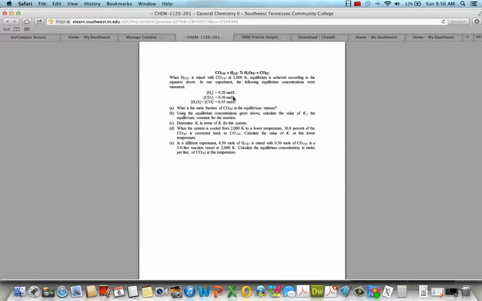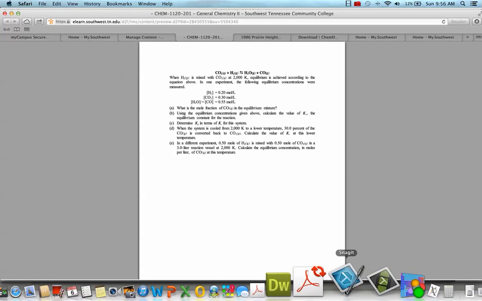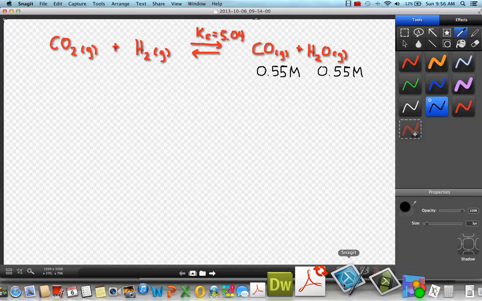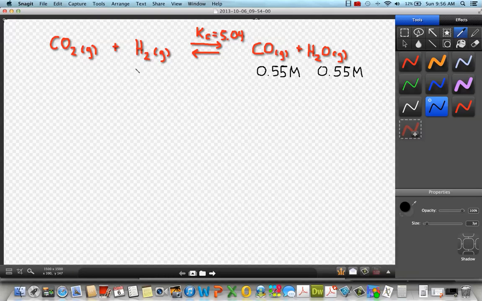And we had 0.2 molar of H2 and 0.3 molar of CO2. Those are our initial conditions.